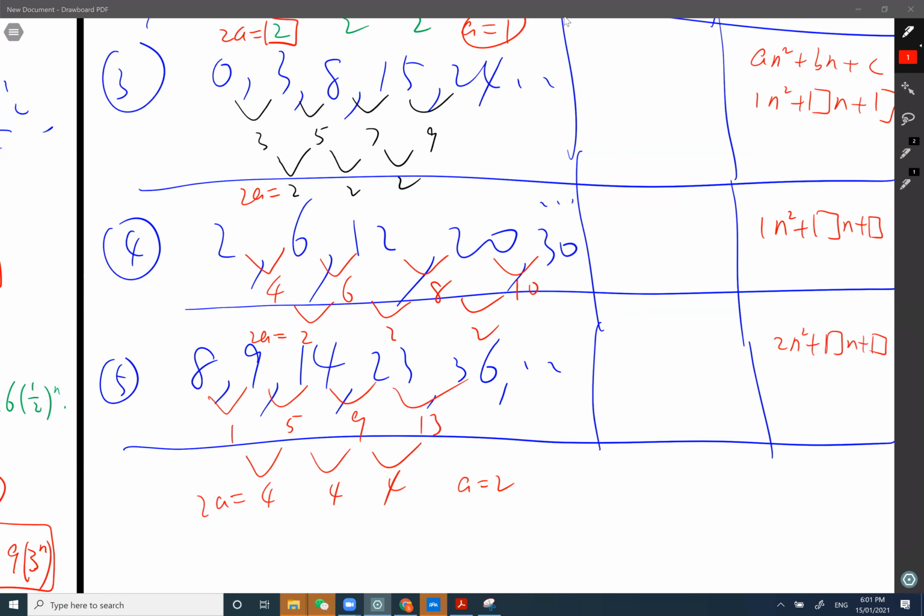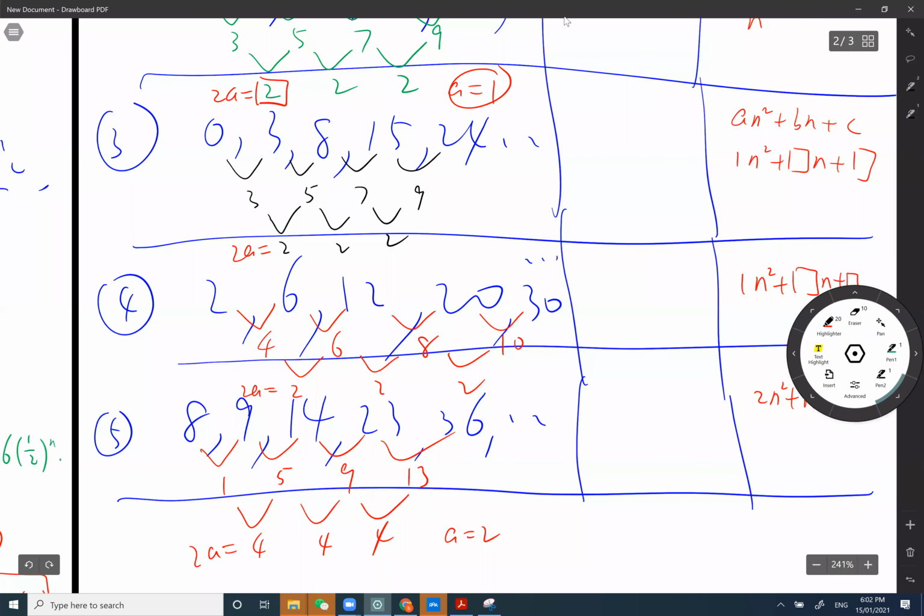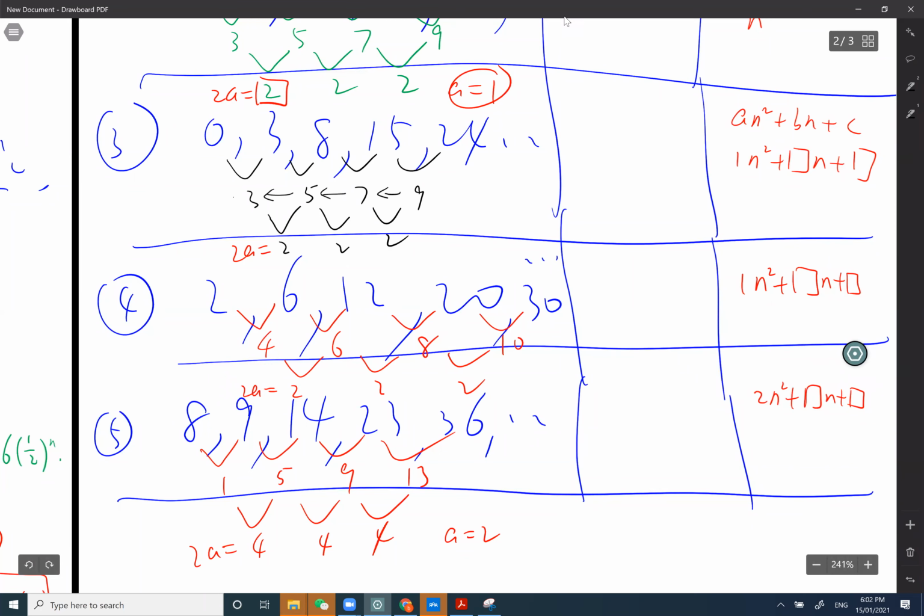Next step, how we work out b. You continue: 9, 7, 5, 3. What's the previous one? 1. Very good.